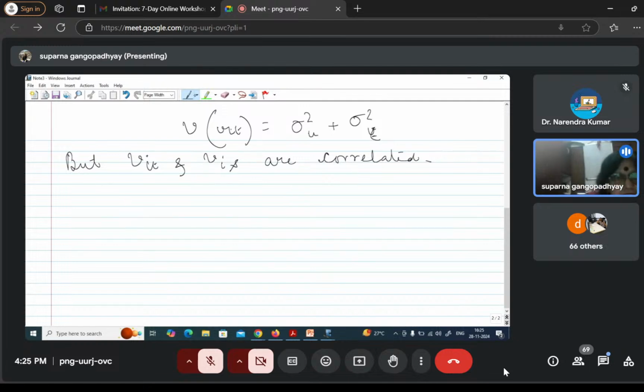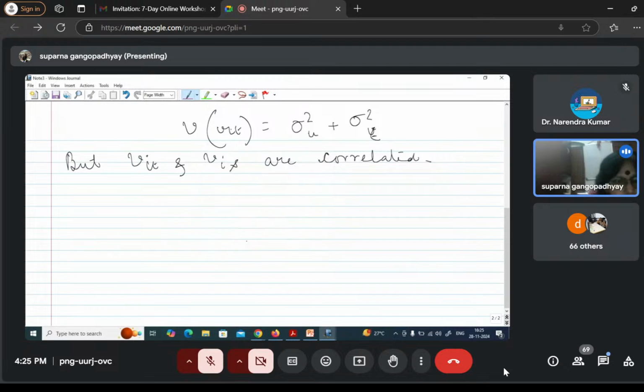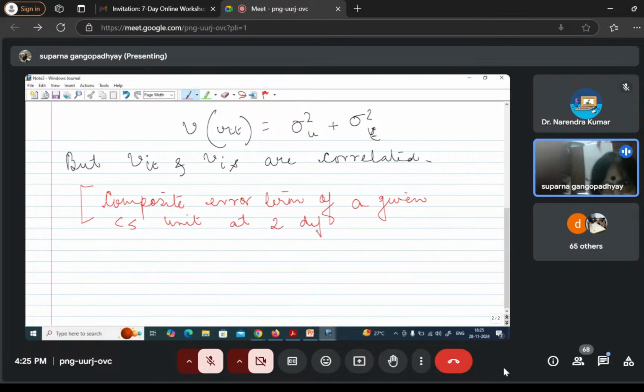What does it mean? It means the composite error term of a given cross-section unit at two different times is correlated.